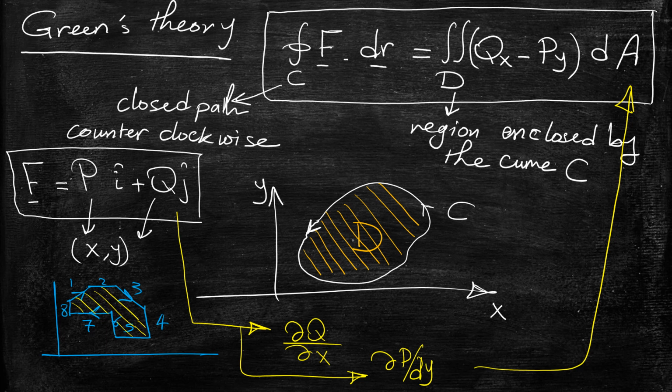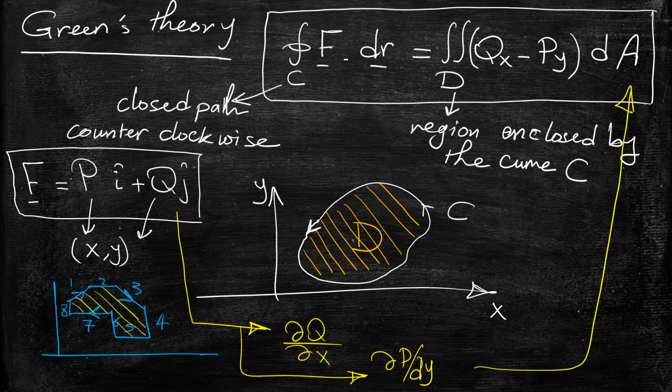So what Green's theorem does at the end, just to summarize all the aspects of this theorem, is transfer the integral from a closed line integral to a double integral for the region surrounded by this closed line.